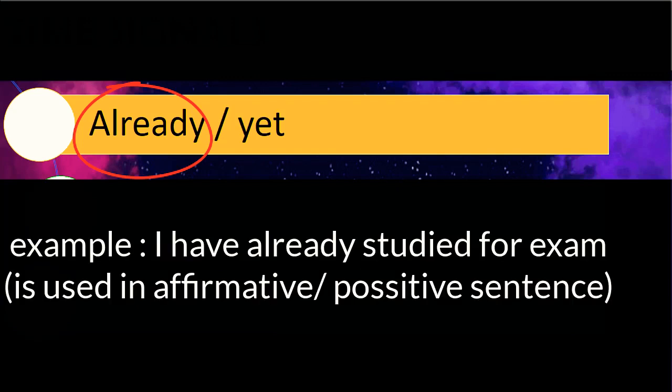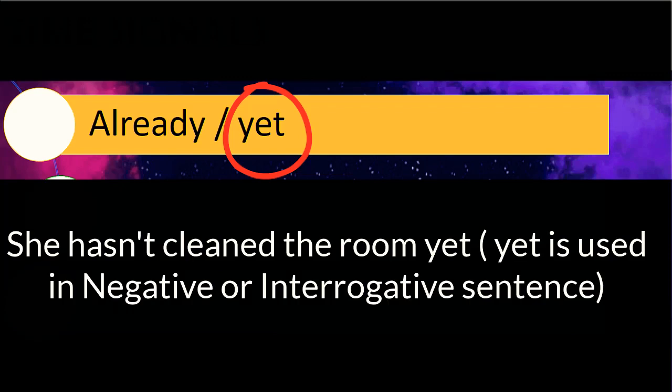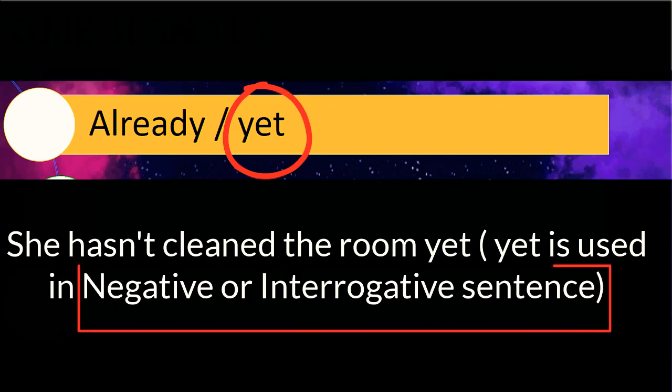Already indicates actions that have finished. So remember, already is used in a positive sentence, while yet indicates actions that haven't finished. So you can use yet in negative or interrogative sentences.